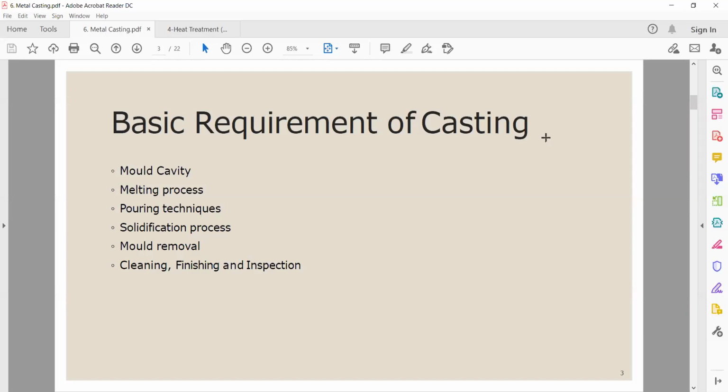That means the casted component, right? Then once you have removed the mold, you have to do the finishing touch-up to the metal. So that process: cleaning, finishing, inspection, right?